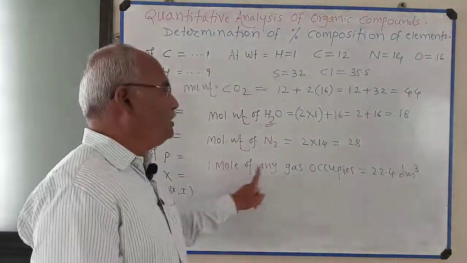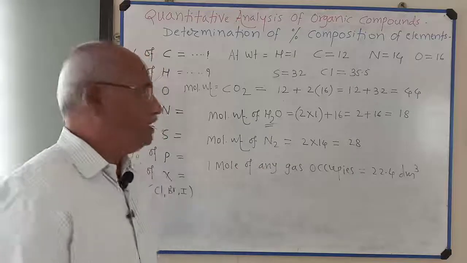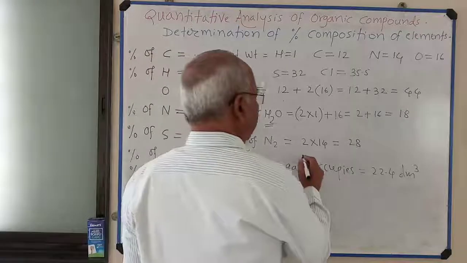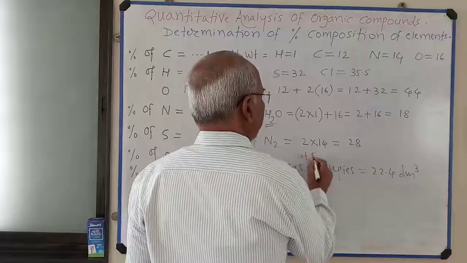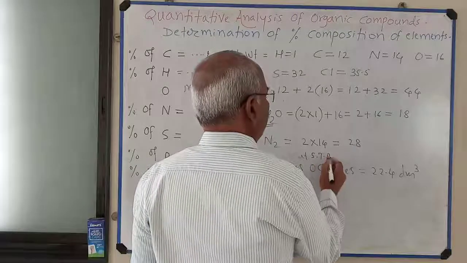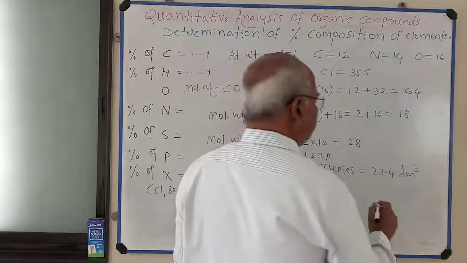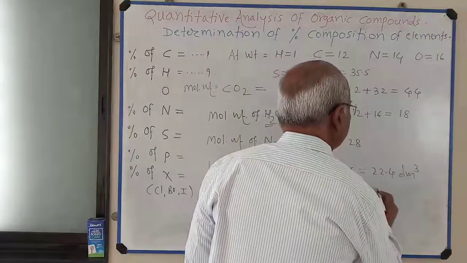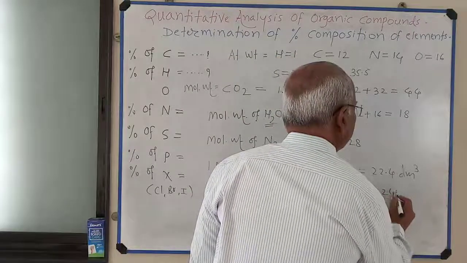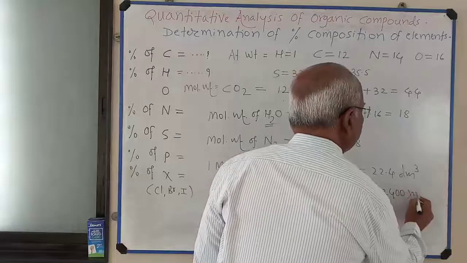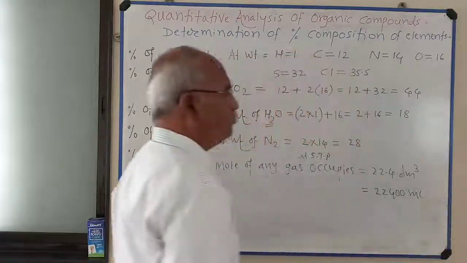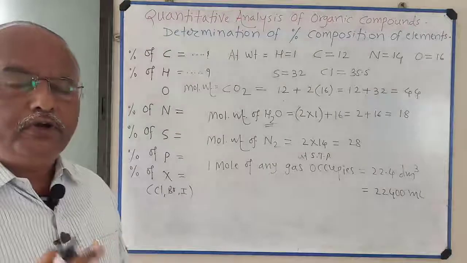Volume of 1 mole of gas at STP occupies 22.4 dm cube, that is equal to 22,400 ml.